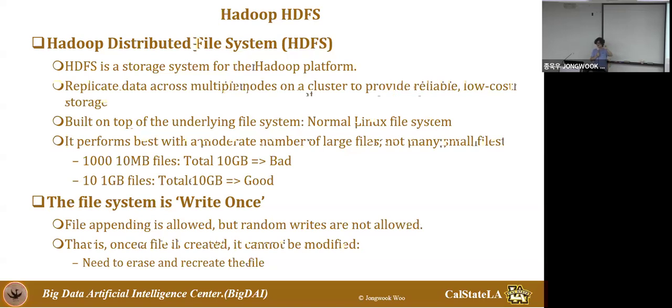If you take a photo, its size is about 5 megabytes or 3 megabytes, right? So you can guess how big 10 megabytes is. If you have 1,000 image files of 10 megabytes each, total data size becomes 10 gigabytes, right? Am I correct?